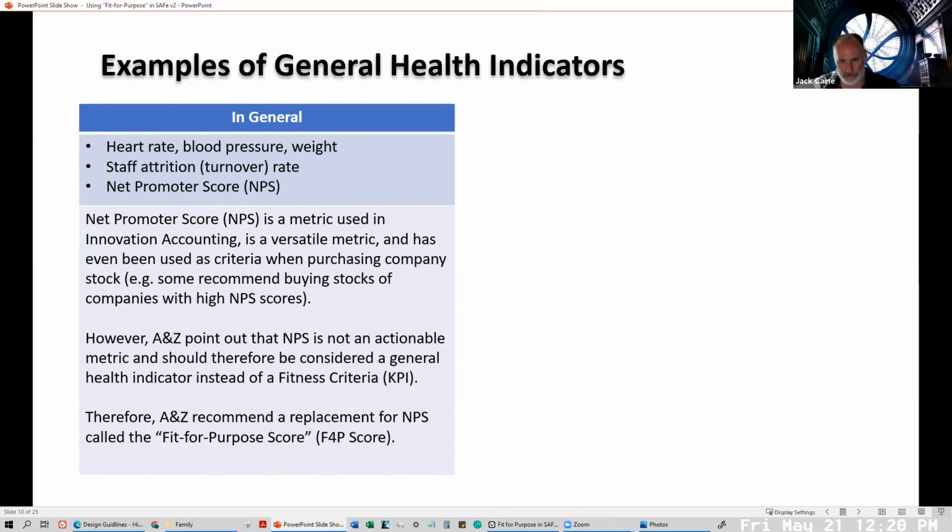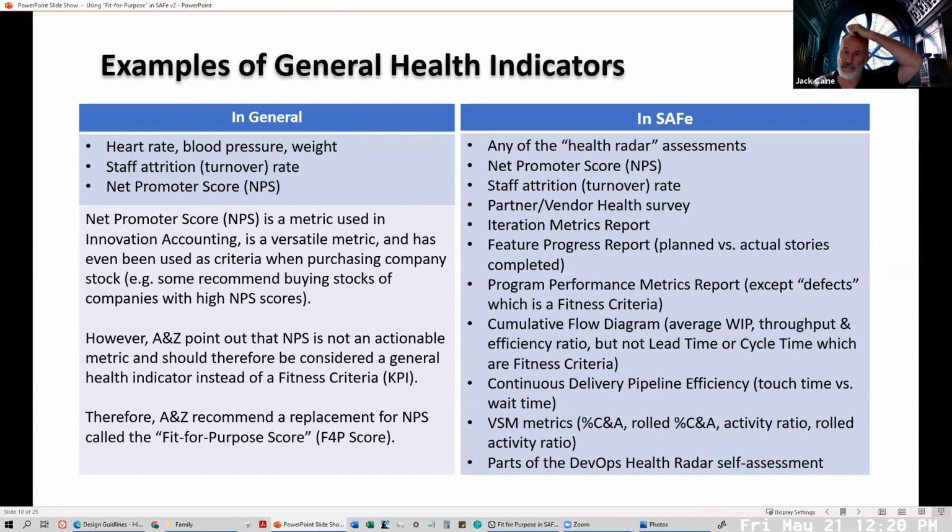survey to do this. So in SAFe, any of the health radar assessments are really just general health indicators. NPS, same thing. All these things that are listed here are general health indicators, okay?